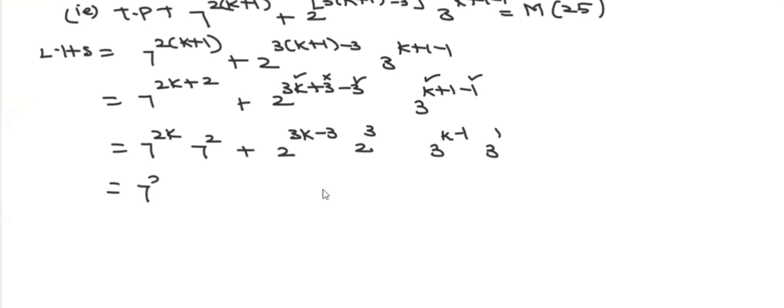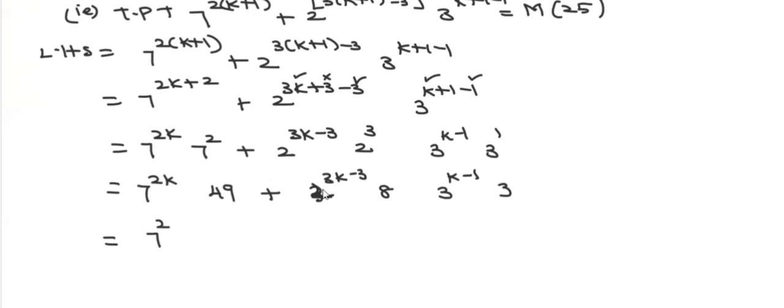So here 7^(2k) into 7 squared, which is 49, plus 2^(3k-3) into 2 cubed, which is 8, and 3^(k-1) into 3.